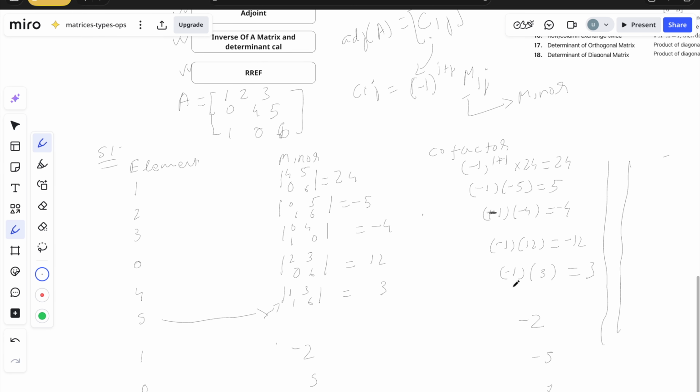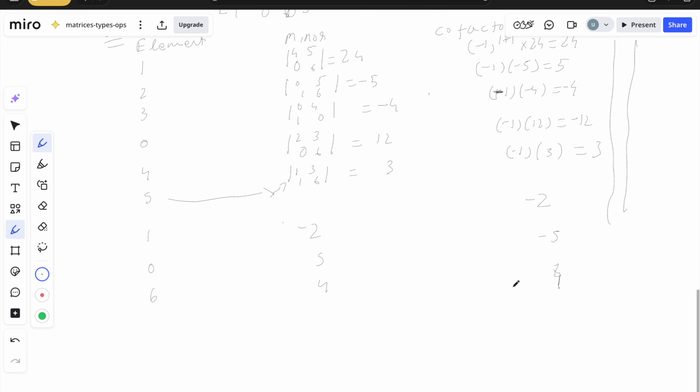The cofactor matrix that you get is as follows: C equals 24, 5, minus 4, minus 12, 3, 2, minus 2, minus 5, 4.